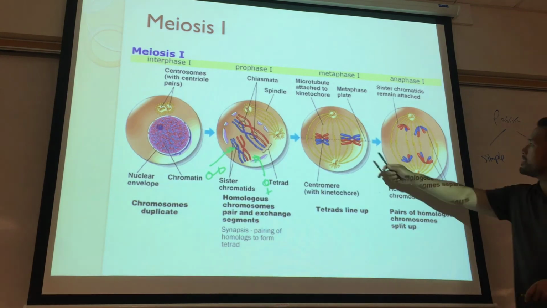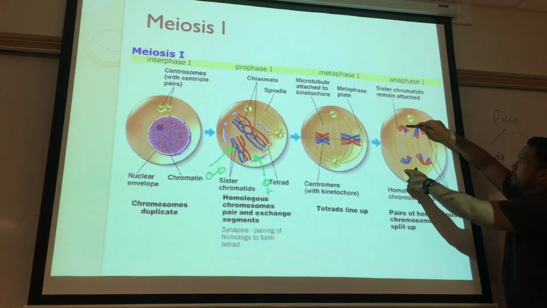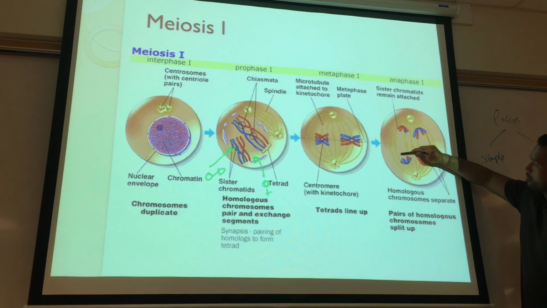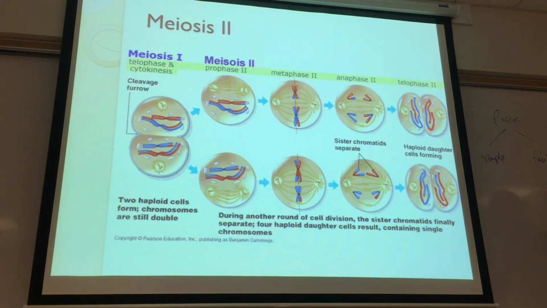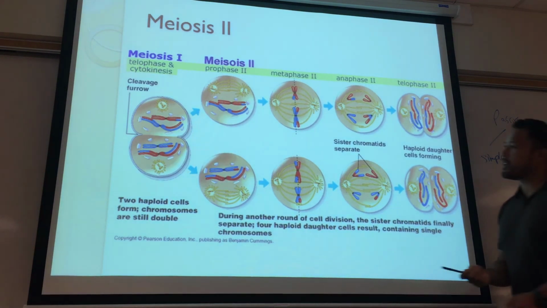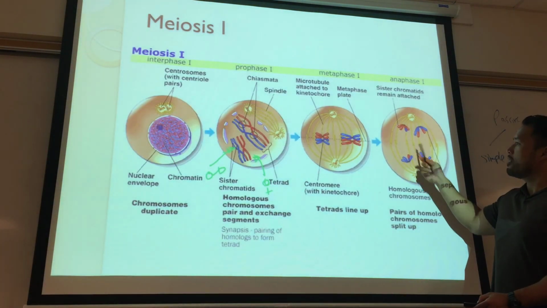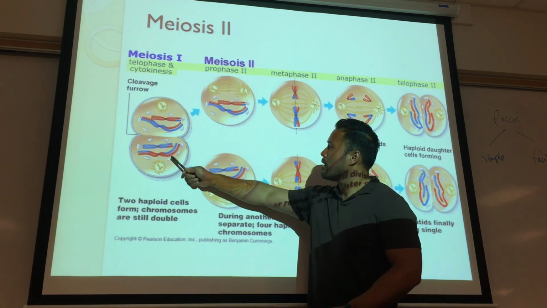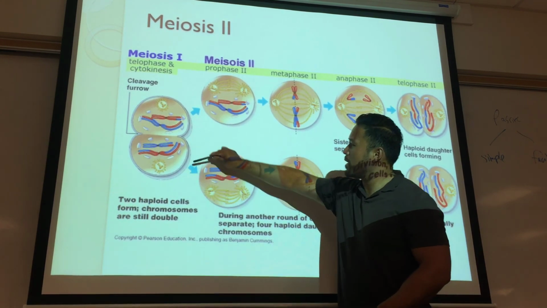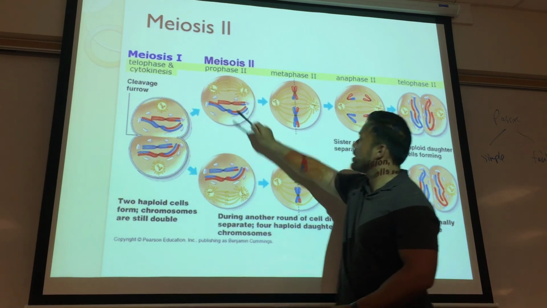And we go through metaphase, we go through anaphase where you split, and now you've got DNA on one side and DNA on another. The next thing we do, we take that last branch right here and we split it again. So now we've got our DNA, and we split in one direction or in the other direction.